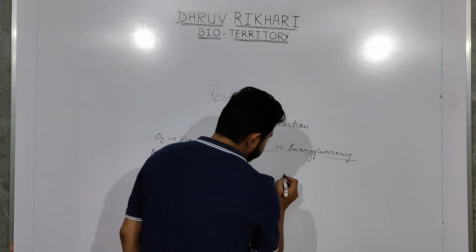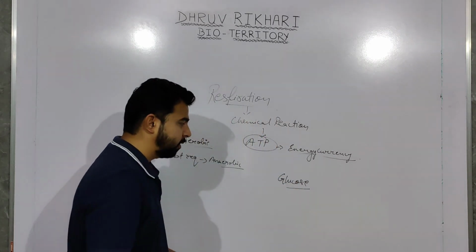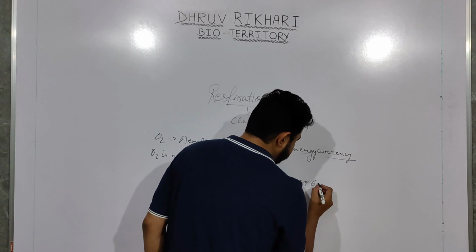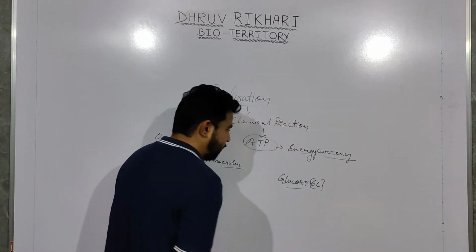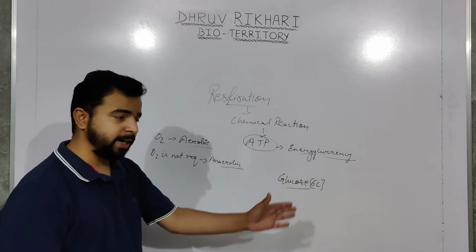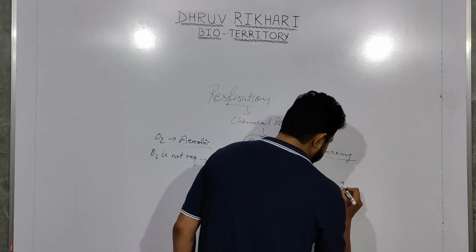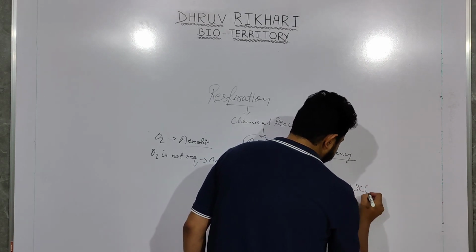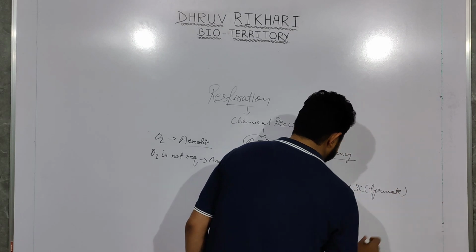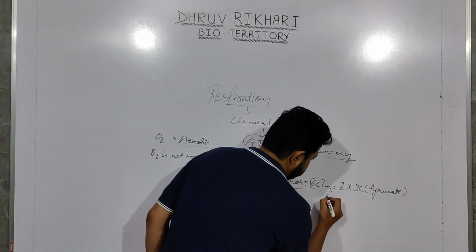For example, take glucose, which is a 6-carbon molecule. Glucose gets converted into 2 molecules of 3-carbon pyruvate, and this process is known as glycolysis.